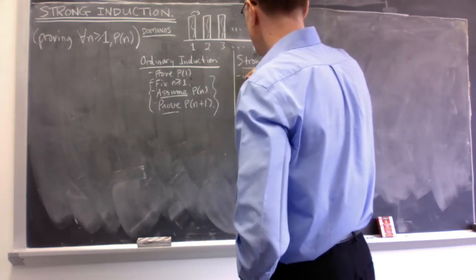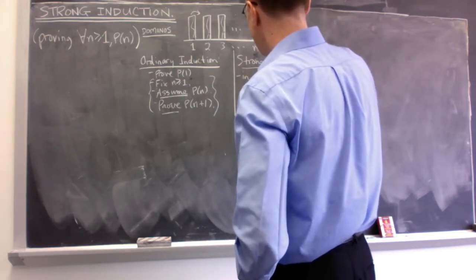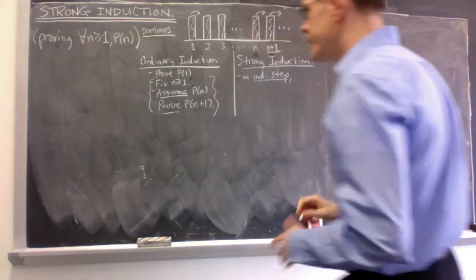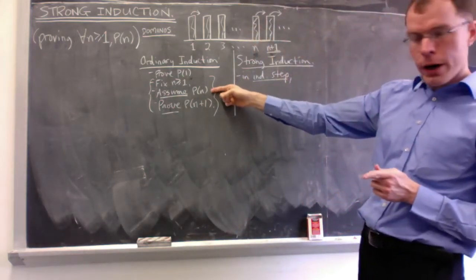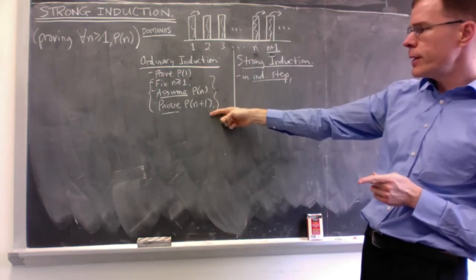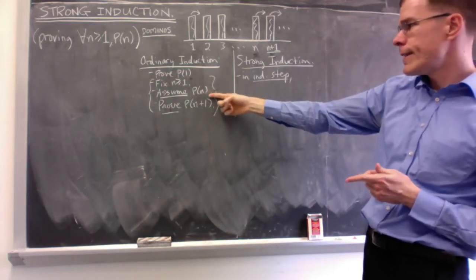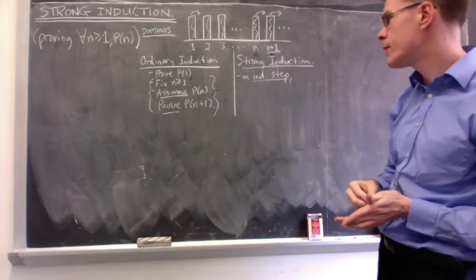In the induction step, and we'll write the full details in a moment, you can assume something even stronger to help you complete the step. Here we just assumed one instance of the statement. We assumed P of n.